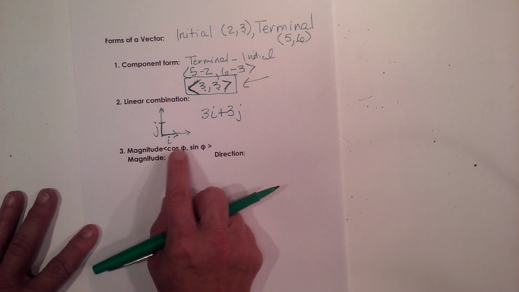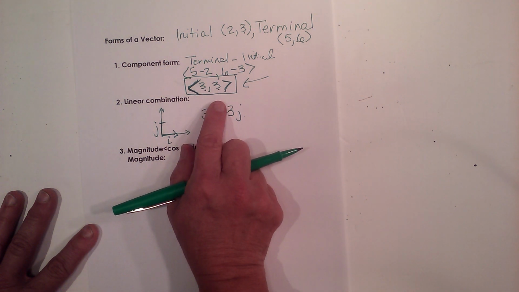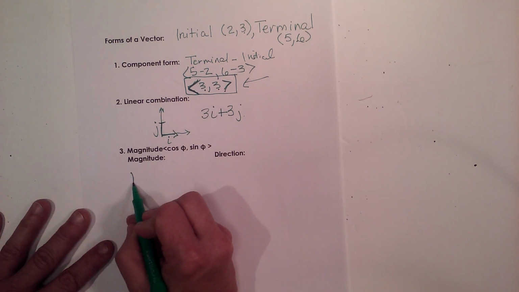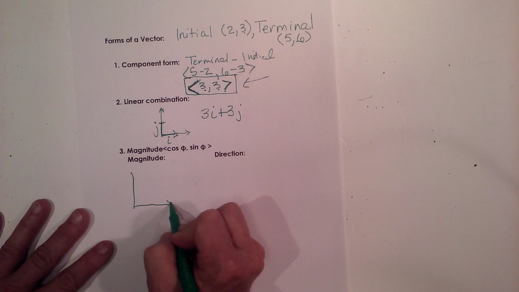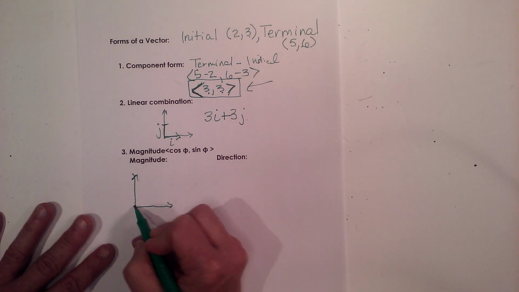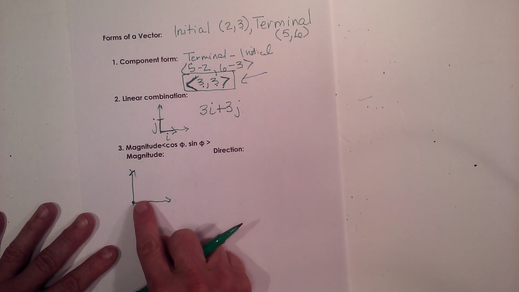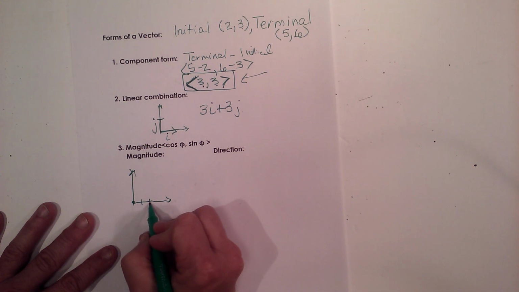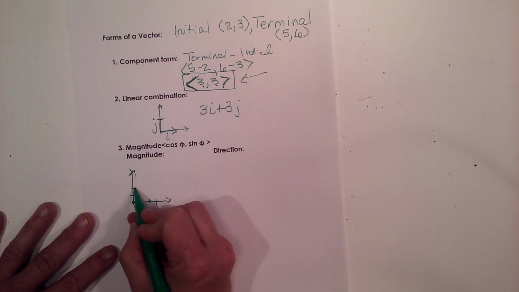Well, we need to know the magnitude of this vector. To find the magnitude, I just need to know its length. So let's draw it in standard form. In standard form, I'm starting with my initial point at the origin, and I'm going over 3 and going up 3.